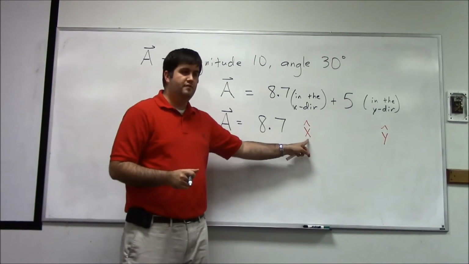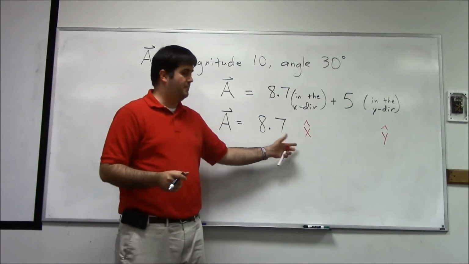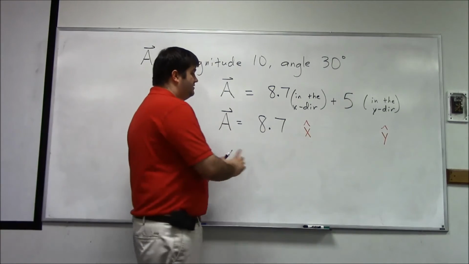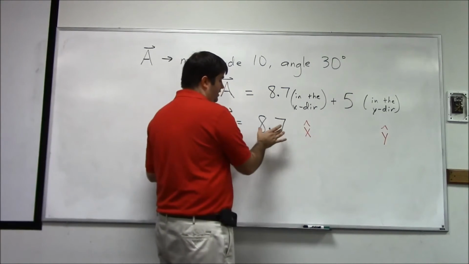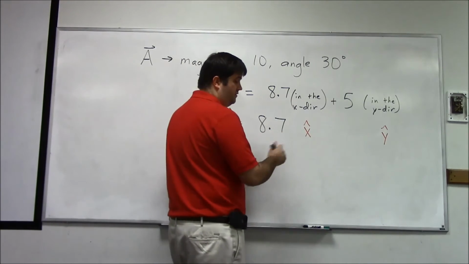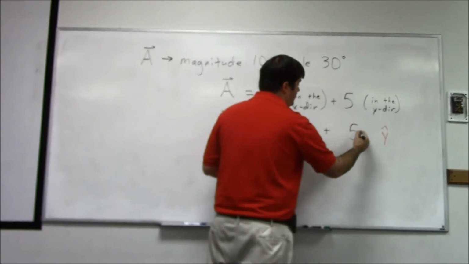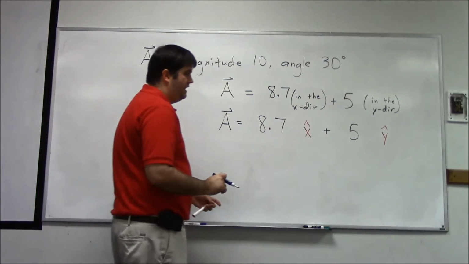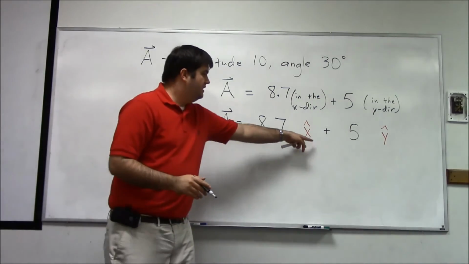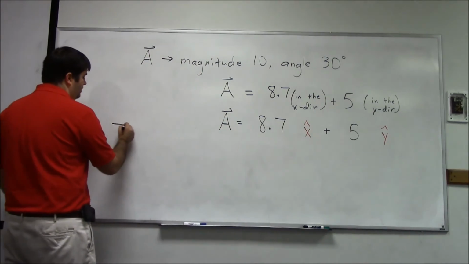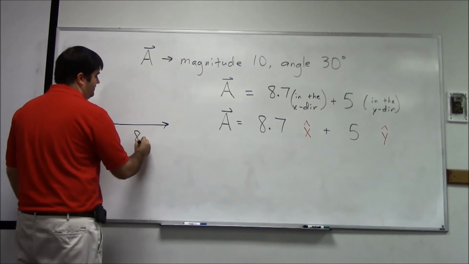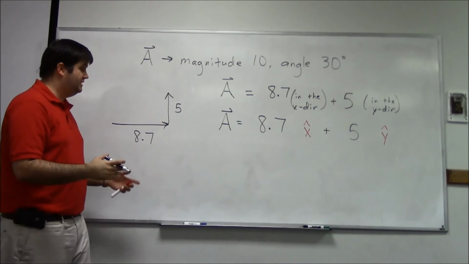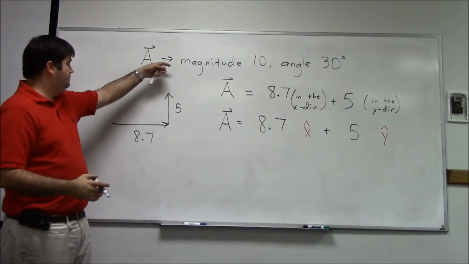We're multiplying it by a unit vector whose magnitude is 1, so it doesn't change the magnitude any. It ends up being 8.7, and whose direction is along the x-axis. In other words, this is a vector whose magnitude is 8.7, pointed along the x-axis. And likewise, this part is a vector whose magnitude is 5 and pointed along the y-axis. So what I've done here is written a shorthand for this x component vector and this y component vector, which we've just seen a second ago, are the vectors that make up vector A.